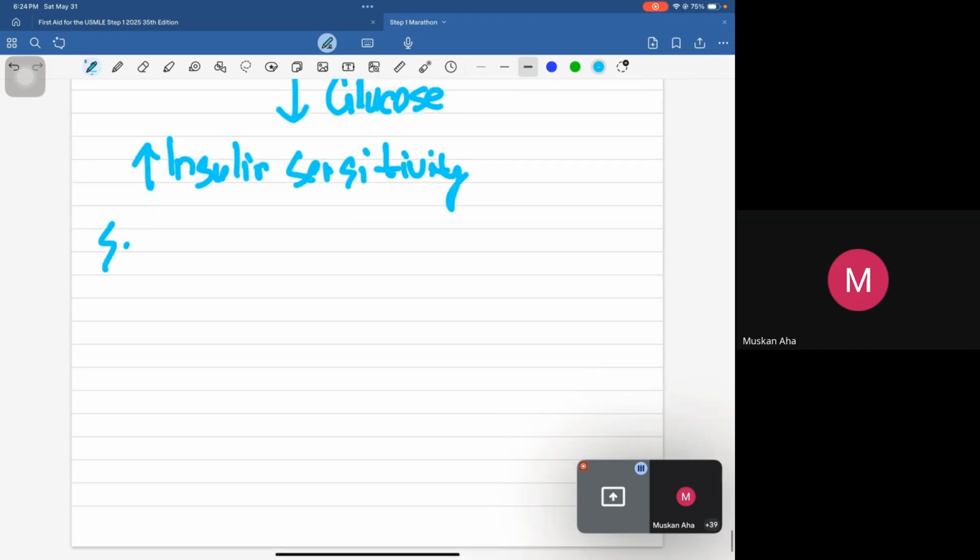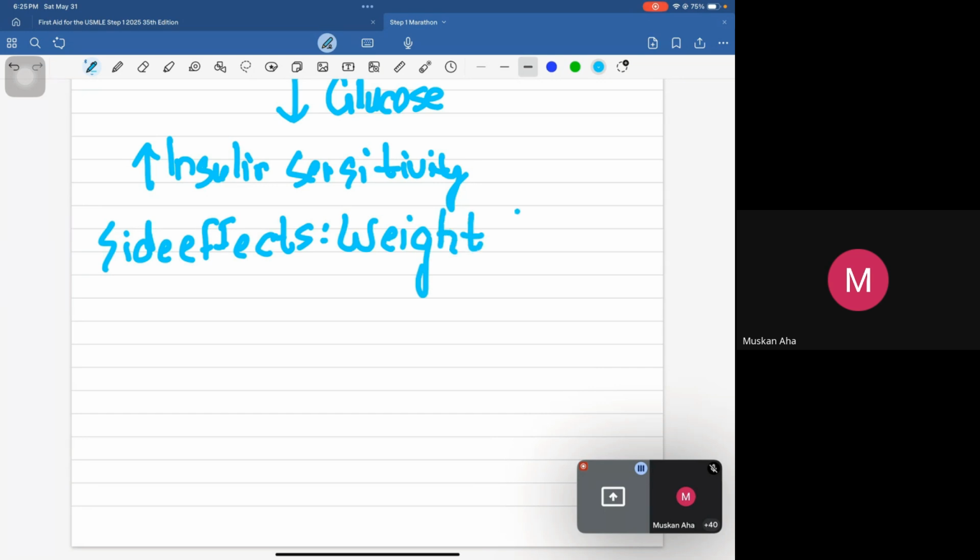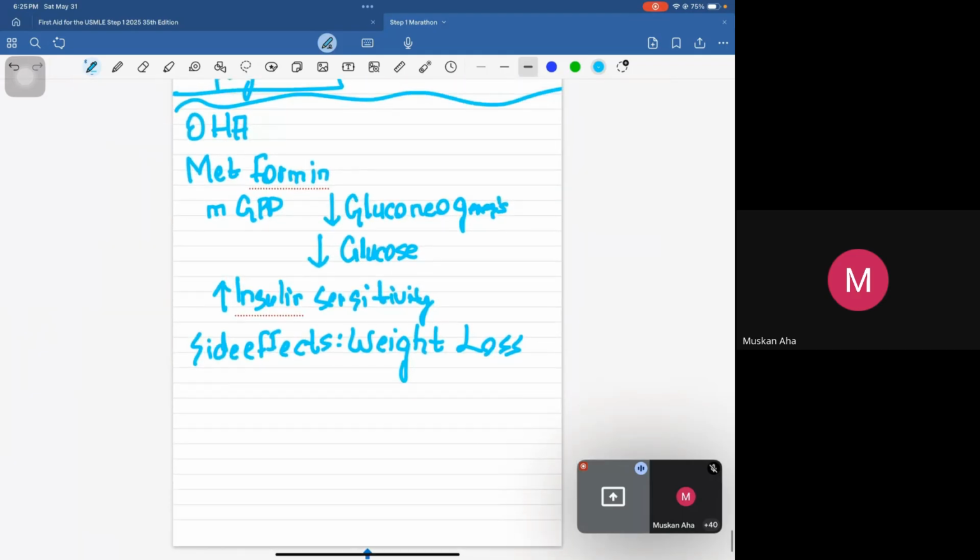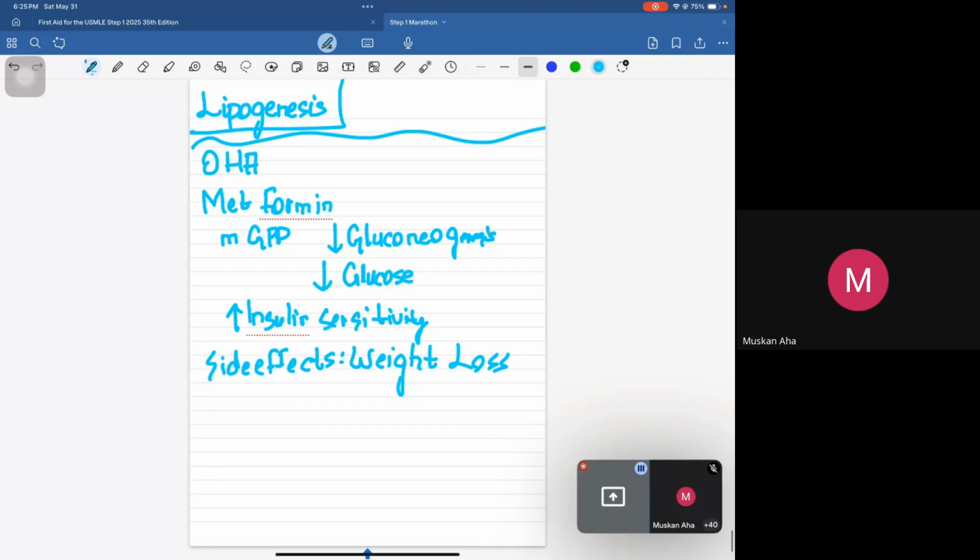Now, the side effects of drugs are very important. The major side effect it is going to cause is weight loss, right? But this weight loss is often desired. Whenever you are looking at anti-diabetic drugs, you are going to check two to three very important things. The first thing you are going to notice is whether the drug is euglycemic or hypoglycemic. What does this mean?